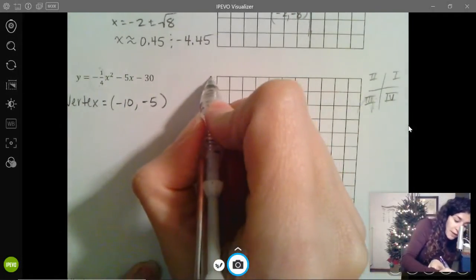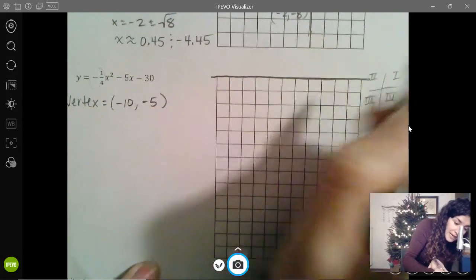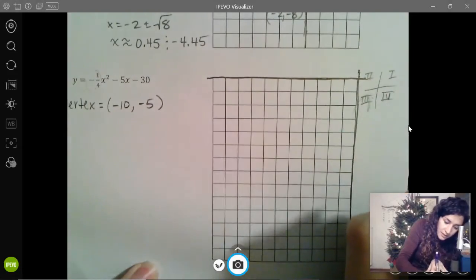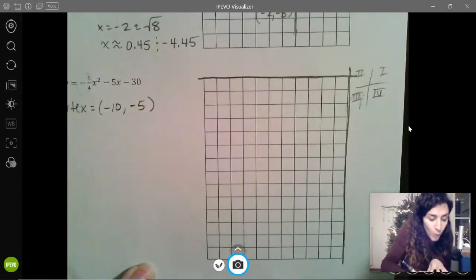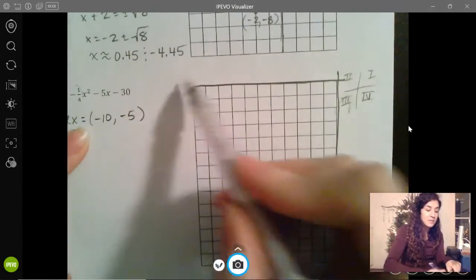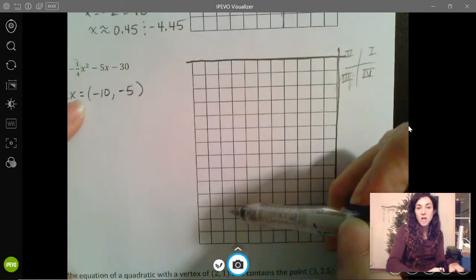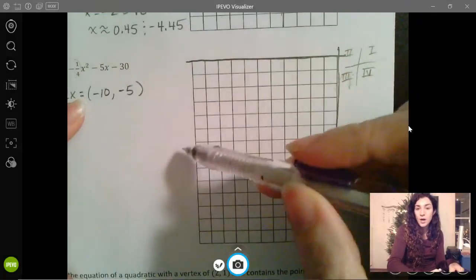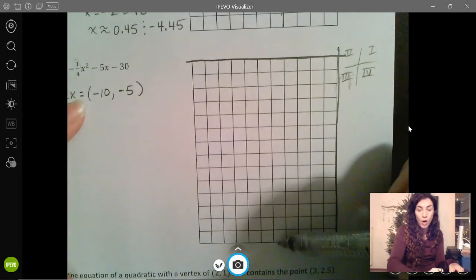So I'm going to go ahead and create my axes such that I stay only in that section. Also, -10, -5 is already putting me like here. And so it's going to make it hard for me to show all the points that I want to.